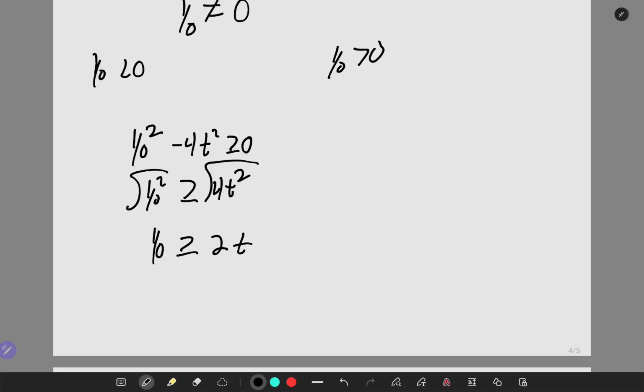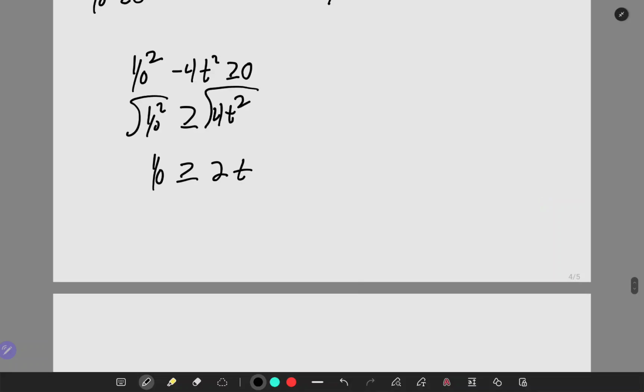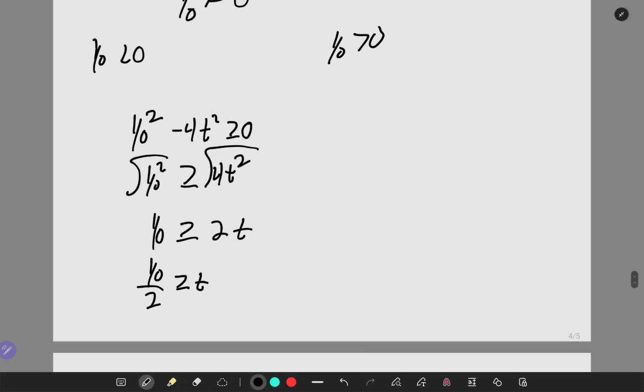So now that we have this, we're going to look at both cases. If y naught is greater than 0, let's solve for t. We're solving for the intervals of t, right? So y naught over 2 is greater than or equal to t. If we're looking at both of these intervals, the only thing that's going to change is whether y naught is positive or negative. This one is negative y naught, and this one is positive y naught.